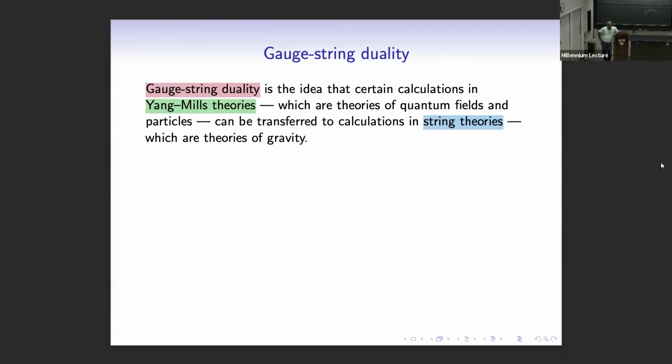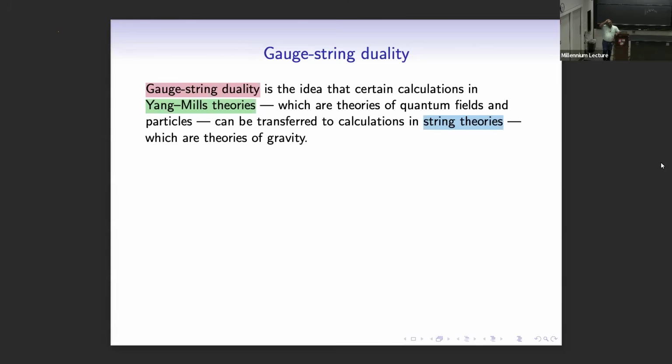So gauge string duality is the idea that certain calculations in Yang-Mills theory, so suppose you don't want to really construct the theories, but you just want to do some calculations, some expectation values of some observables, there's the idea that certain calculations in Yang-Mills theories, which are theories of quantum fields and particles, can be transferred to calculations in string theories, which are theories of gravity.